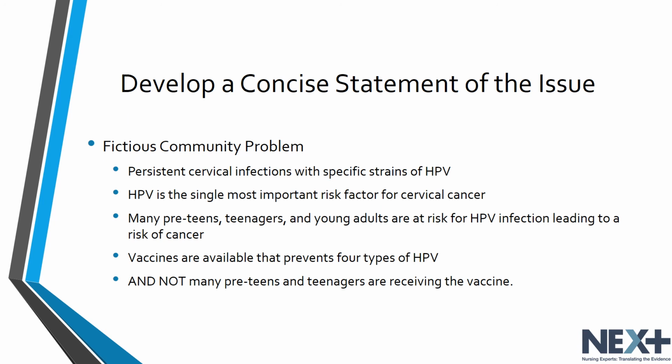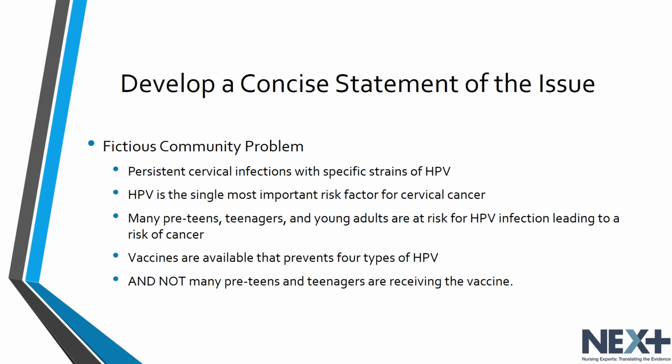So as a reminder of Brownson's framework of evidence-based public health practice, the first step is to conduct a community assessment. The second step is to quantify the issue, and the third step is to develop a concise statement of the issue. Here is an example from a fictitious community. The community data displays that there is persistent cervical infections associated with HPV.